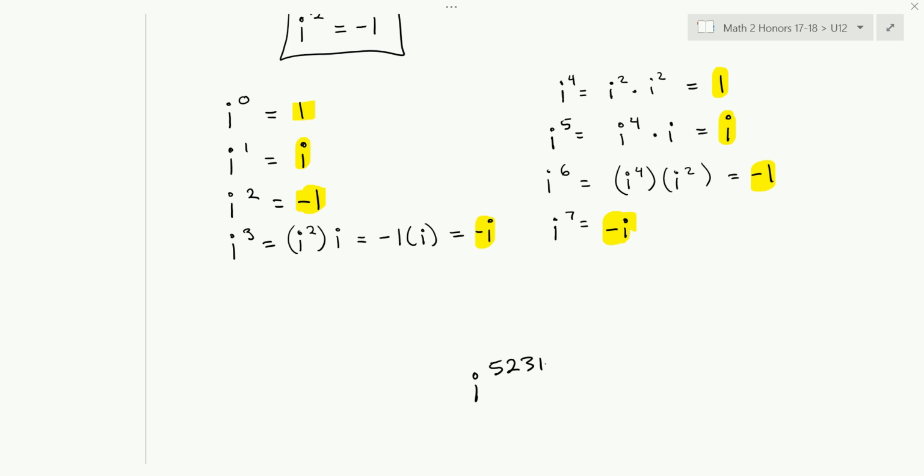You're thinking if it's divisible by 4, it's going to be 1. If it's divisible by 2, well, if it's divisible by 4, it's divisible by 2. So maybe if it's not divisible by 4, but it is divisible by 2, then it'll be negative 1. So he's thinking about divisibility rules, which is great. There's an easier way than what you're thinking now.